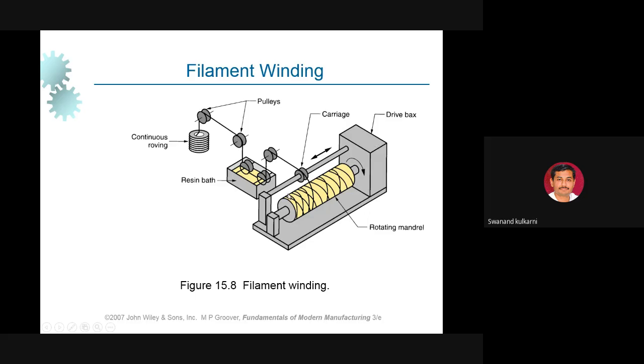So this process is continuously going on in filament winding. At the same time, what is happening? This particular pulley has not only a rotating but also a reciprocating motion.